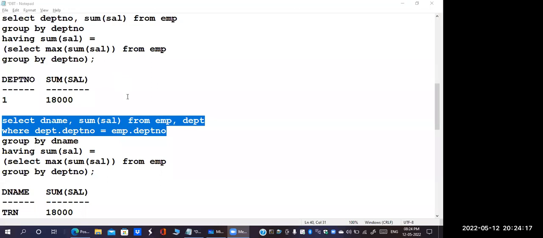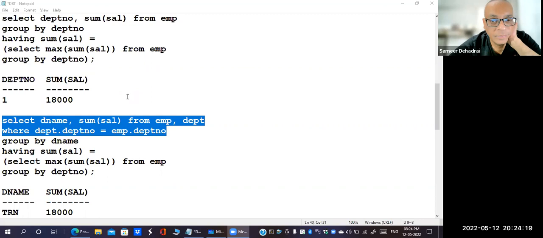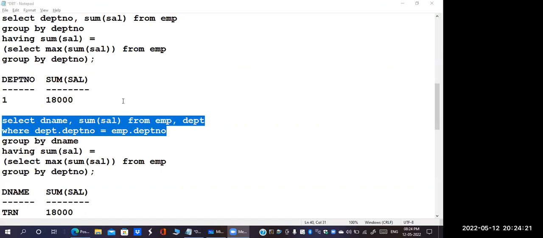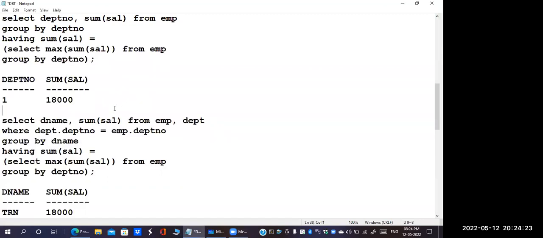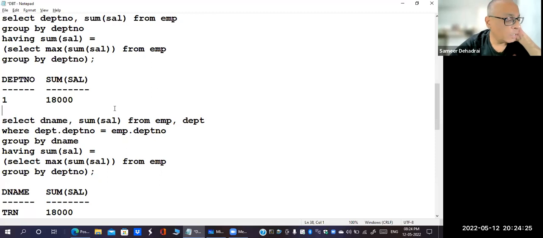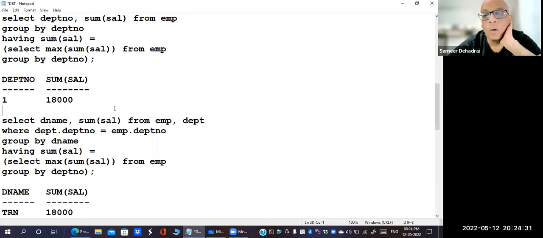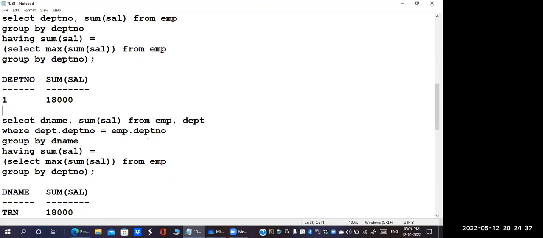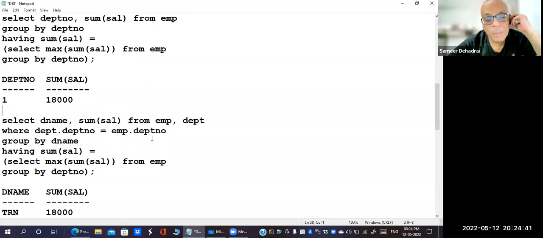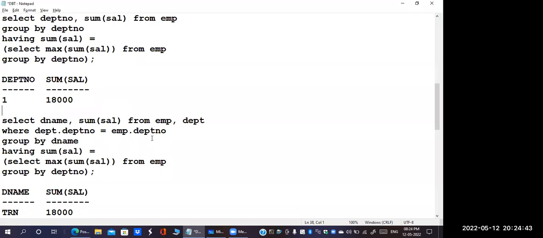Then you must be my ex-student, no? No, sir, unfortunately no. In 2016, I did not teach. I was in Juhu. Oh, you were in Juhu. I don't go to Juhu because it's very far from my house. I stay in South Mumbai, at Nariman Point. Yes, sir, I know that.